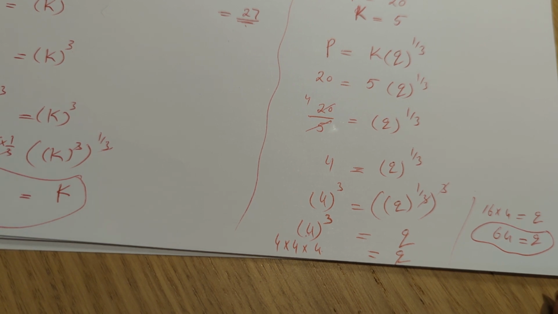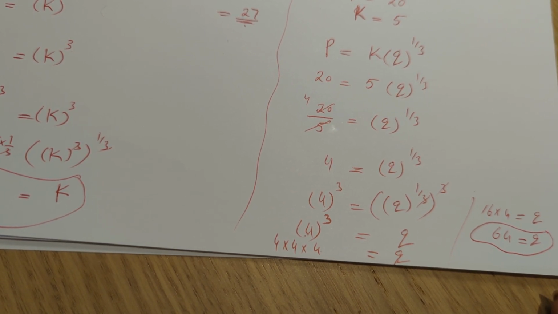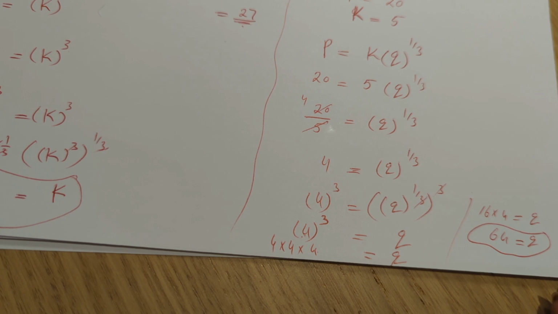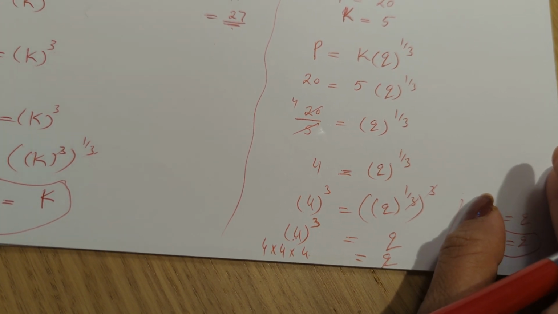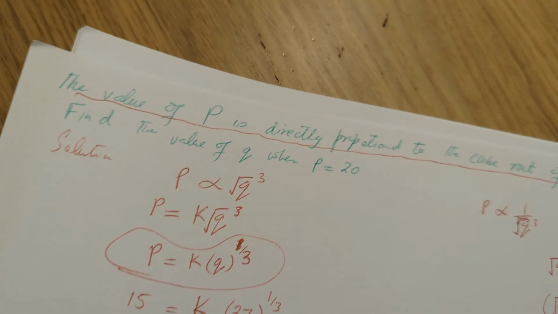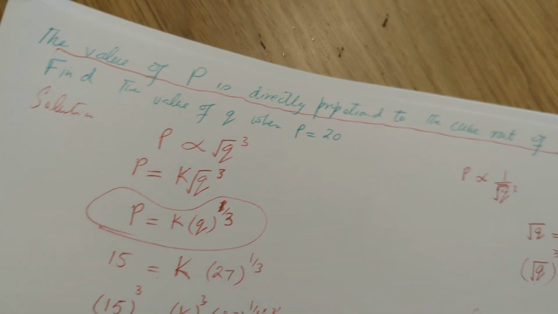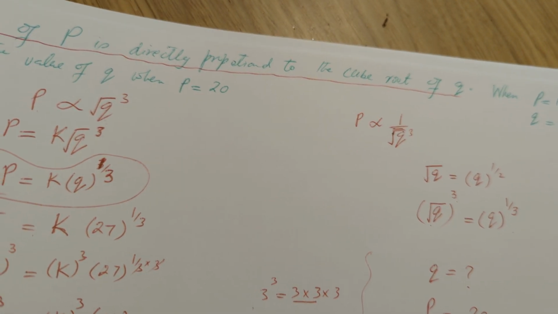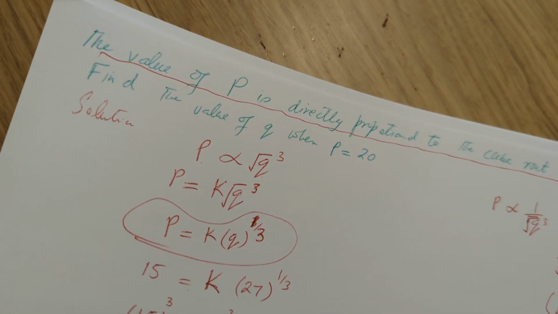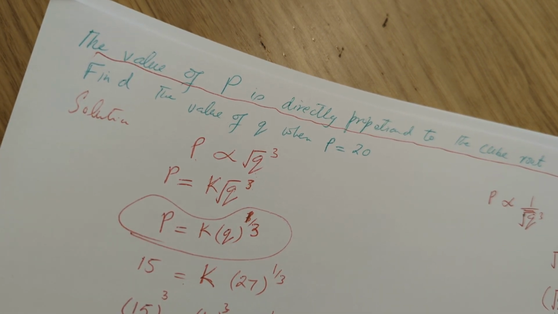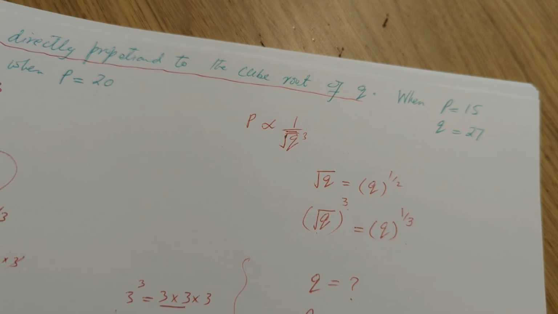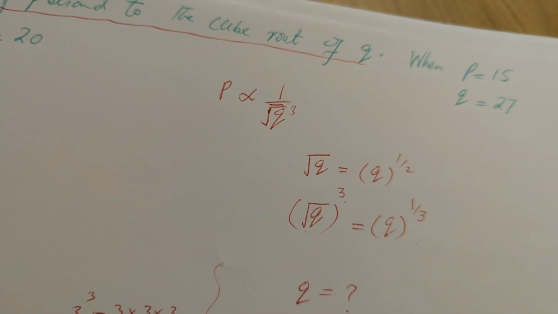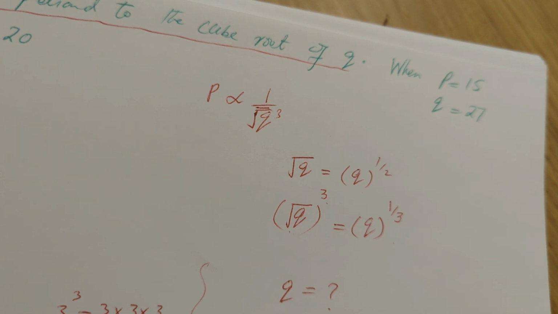So in this way we can easily find the value of P or value of Q if it is given in this type of questions where some number is directly proportional to something. Like that, the value of P is directly proportional to the cube root of Q. First line will give me the formula which I will use. Second line, it will give me the value of constant of proportionality, which is our K here, right?